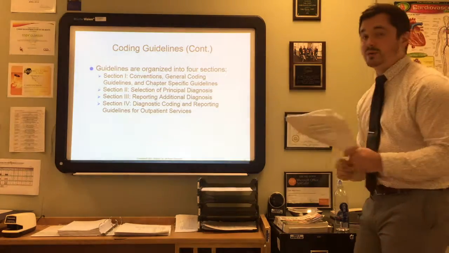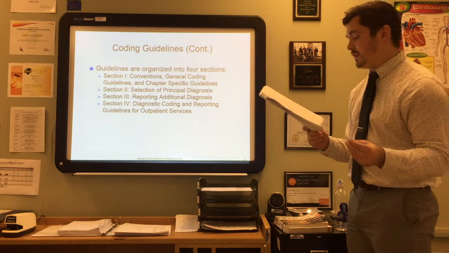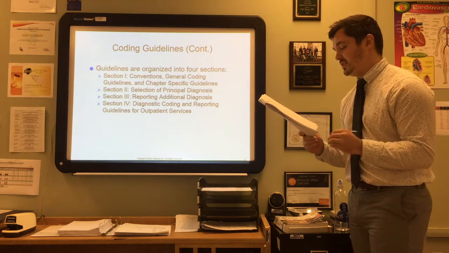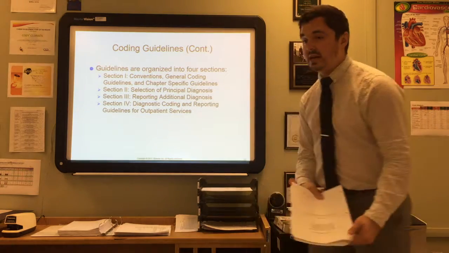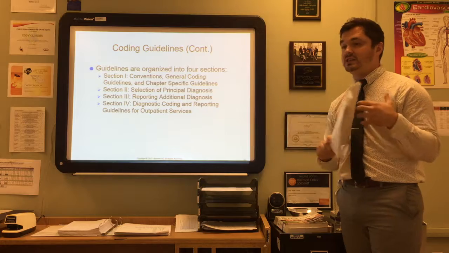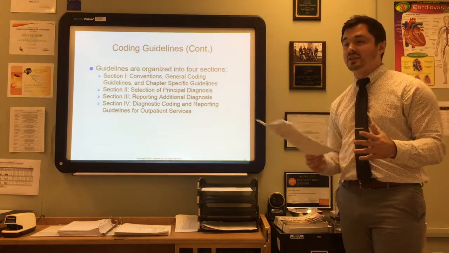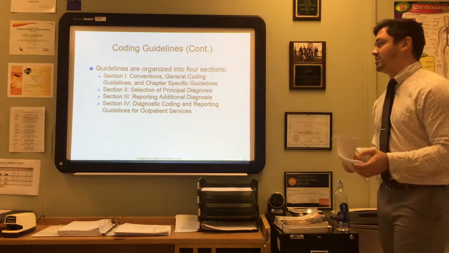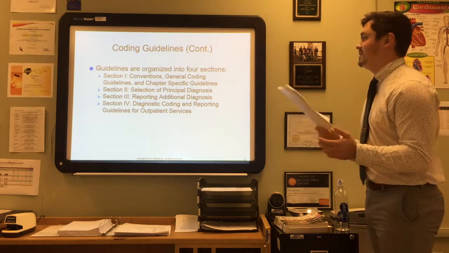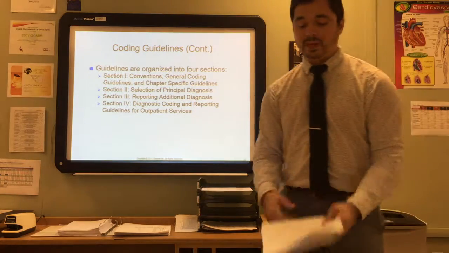And this is the last slide we're going to do for today. The table of contents for each of the 4 sections includes the related chapters of disease and injury. Section 1 is the conventions, general coding guidelines, and the chapter specific guidelines. Section 2 is the selection of principal diagnosis. Section 3 is the reporting of additional diagnosis. And then section 4 is the diagnostic coding and reporting guidelines for outpatient services.